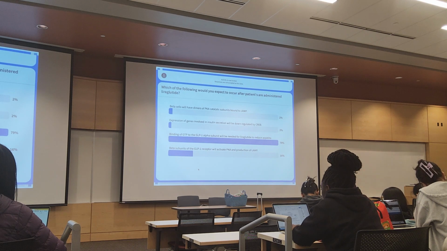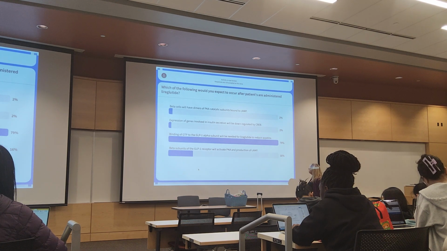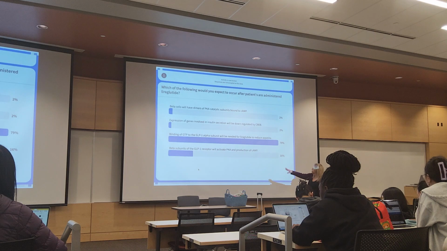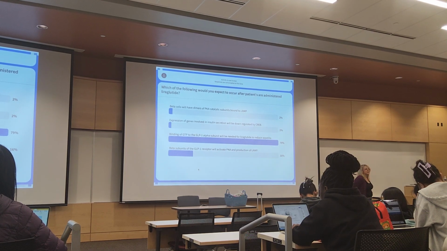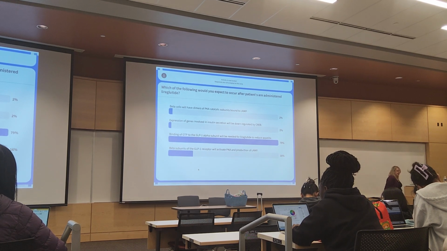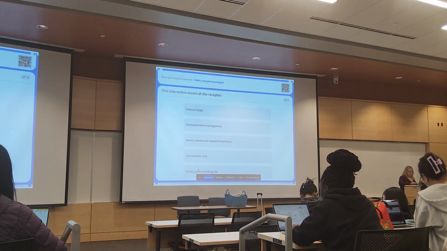And then let's look at this last one. Beta subunits will activate PKA and production of cyclic AMP. So now remember, the alpha subunit is going to be important, right? That's the actual one that's going to lead to a lot of this signaling that's going to activate protein kinase A. Great job, guys.